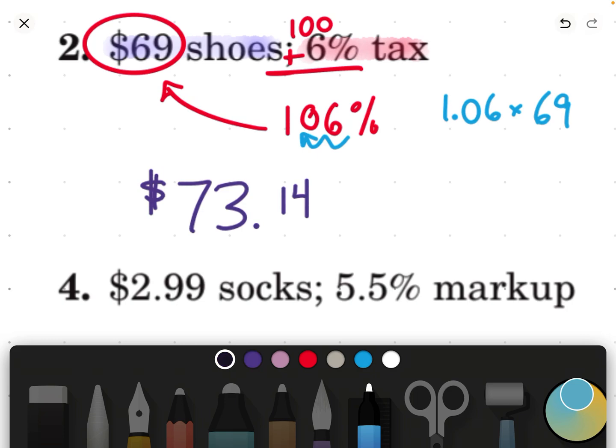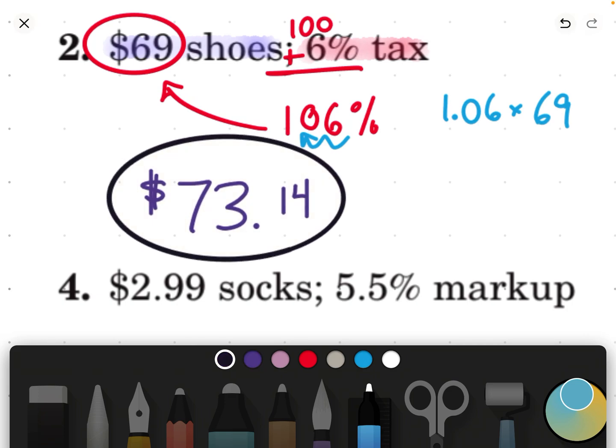So that is the total cost, how much it's going to take to get those shoes out of the store, right? Price tag says $69 with the extra 6% tax included. The total will be $73.14.